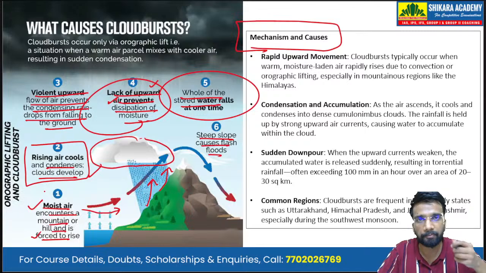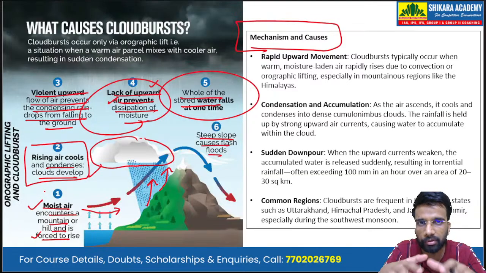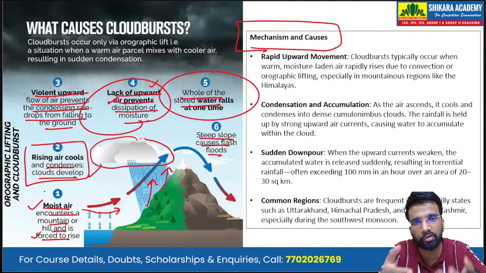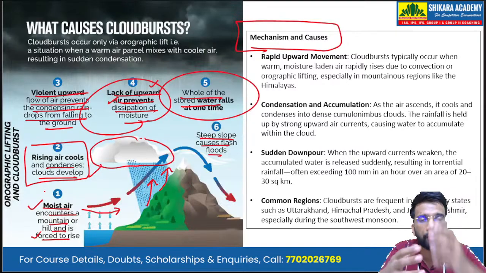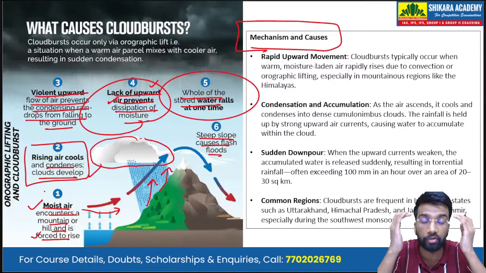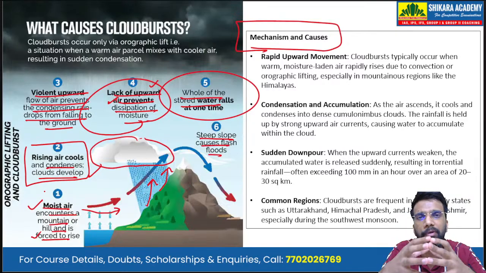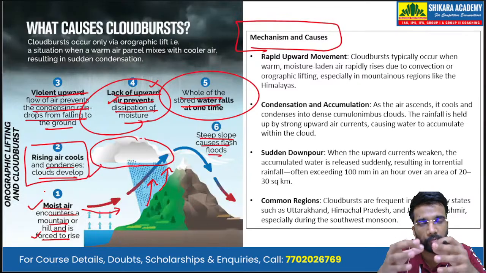So firstly, the warm air is rising up, then it is cooling down and forming the clouds. Now, precipitation is not taking place because the air that is moving upward is very strong, and it is preventing the condensing water from falling.